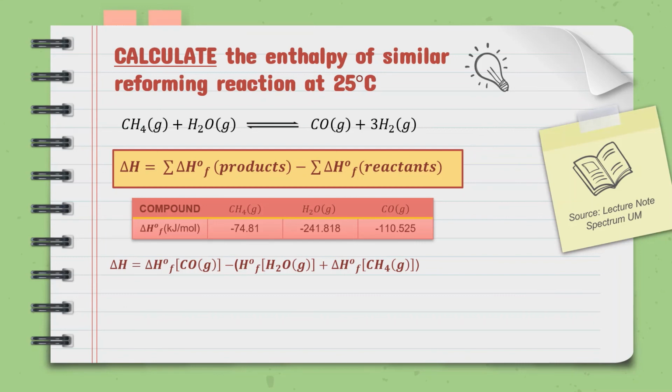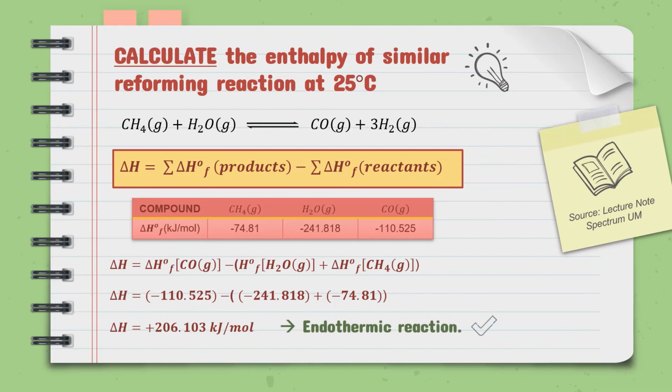So substituting the values, finally we get the enthalpy equal to 206.103 kilojoule per mole. As you can see, the enthalpy is positive, so it means this reforming reaction is an endothermic reaction, which means heat is absorbed in the reaction.